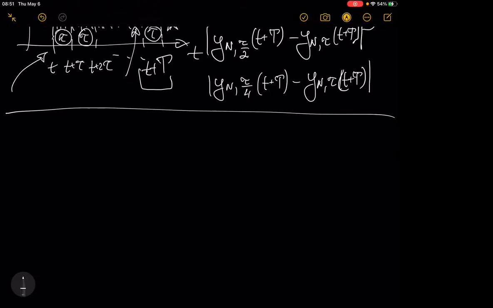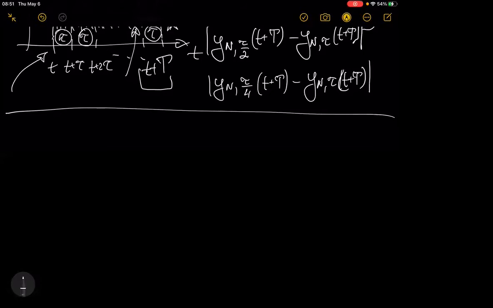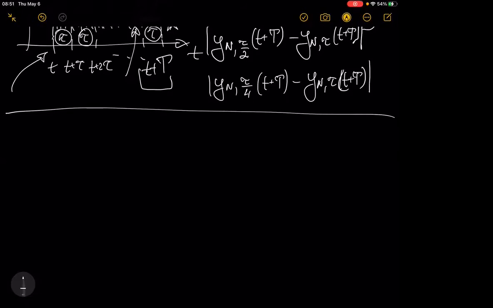This is the 6.5 variable step size method. Let us remember that we have information about the order of the method.